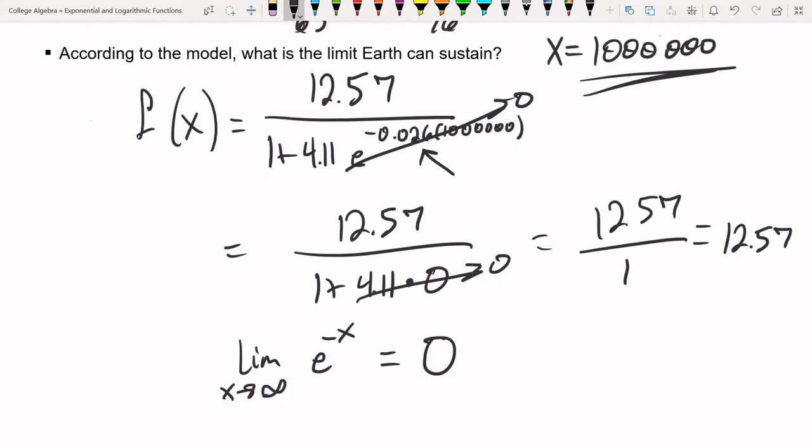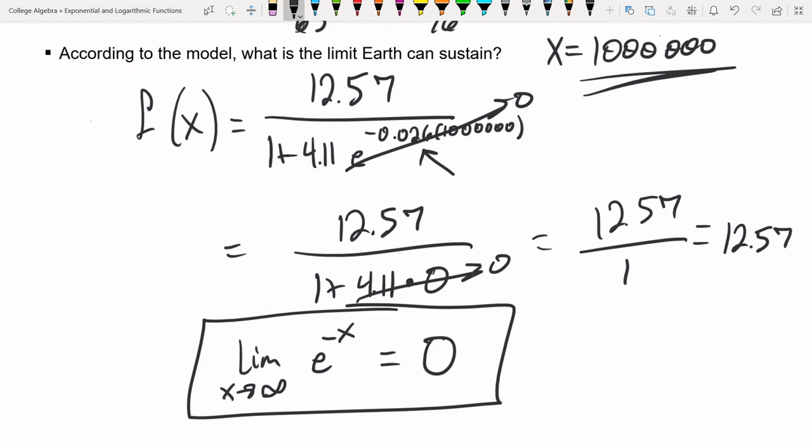When you get large enough values of x, the 0.026 is really not affecting it. What is affecting it is the negative sign. That's what makes it go to 0. This is the way you'd write that mathematically. So 12.57 billion people is what this model estimates for the limit that Earth can sustain.